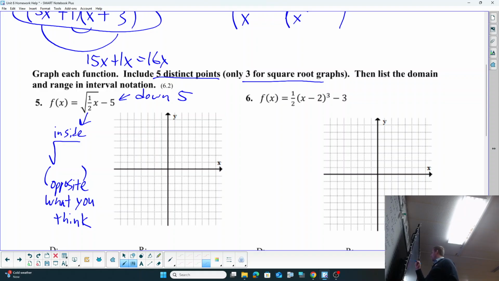So the negative 5 is the y values. So we're down here at 1, 2, 3, 4, 5. That's our y-intercept. So what about this? So this will be our x values. And specifically, you think it's going to be 1/2 x, right?